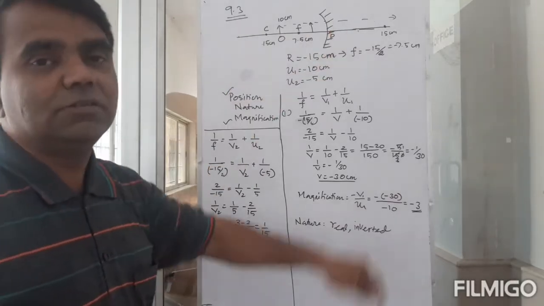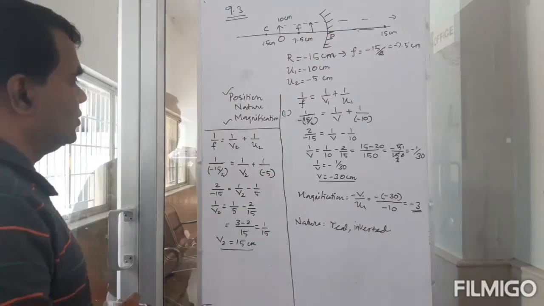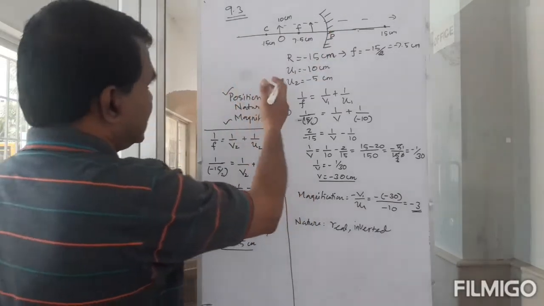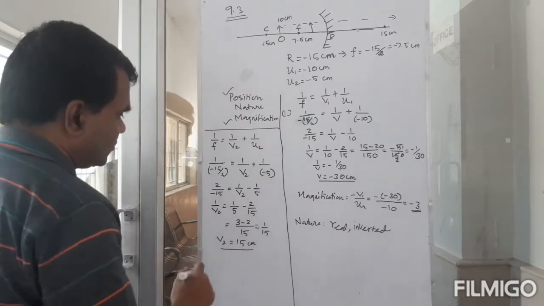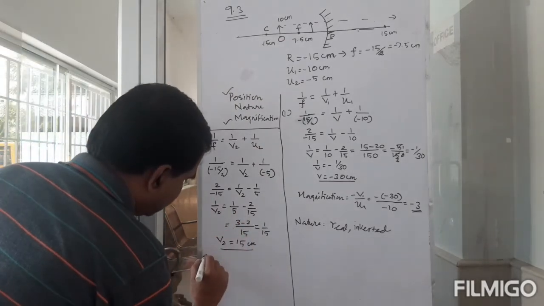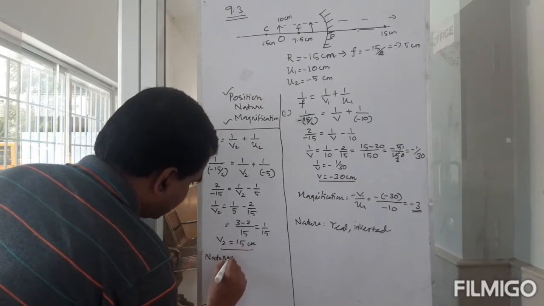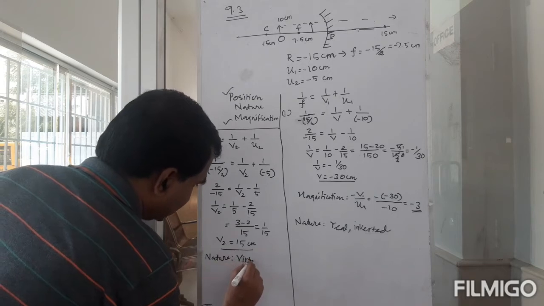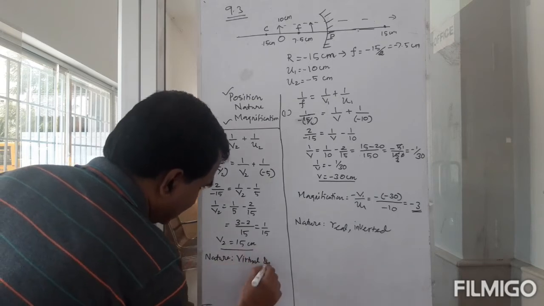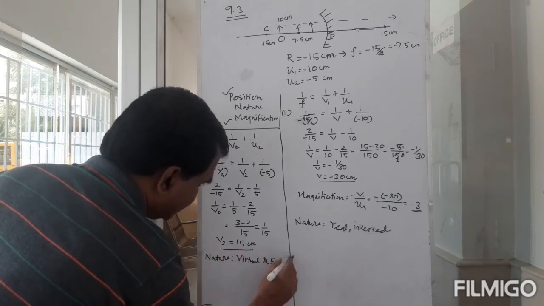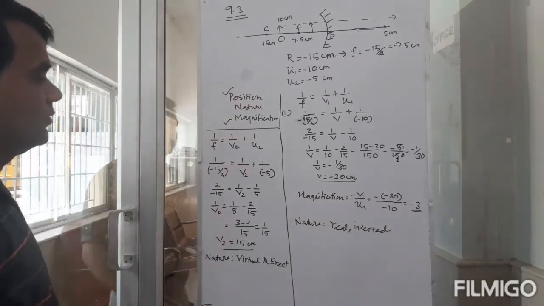It's also going to be a virtual image. So the nature is virtual and erect. Nature is virtual, because you cannot capture it on the screen, and erect. That is the nature. Okay.